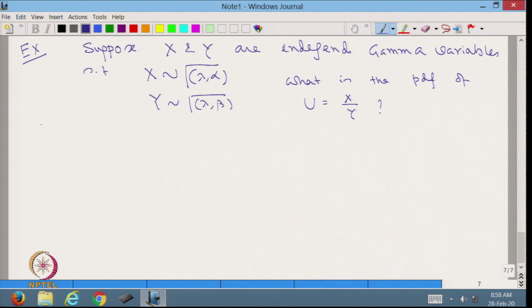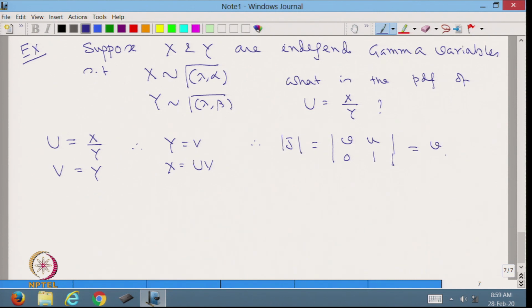Therefore, as before, we take u is equal to x by y, and let us consider v is equal to y. Therefore, as before, y is equal to v and x is equal to u v. Therefore, the Jacobian we have just seen will come out to be the determinant of the matrix v u, 0 1, which is equal to v.